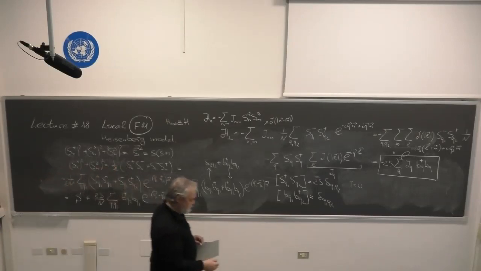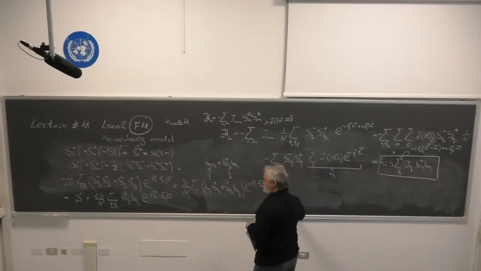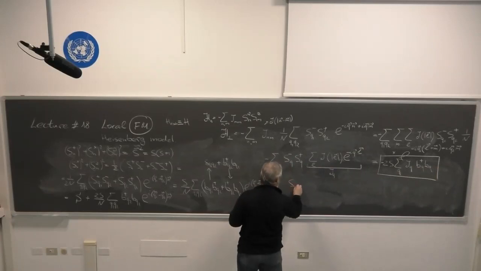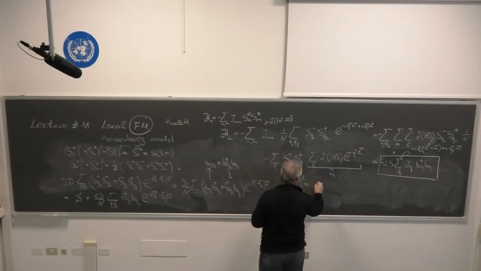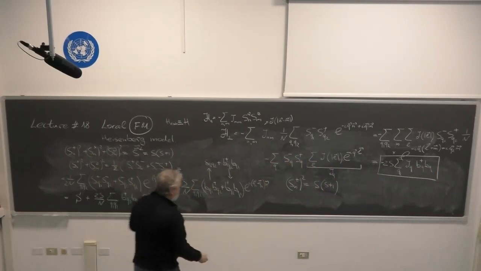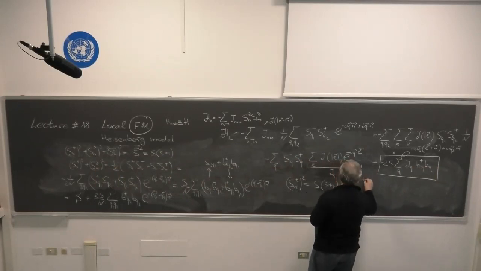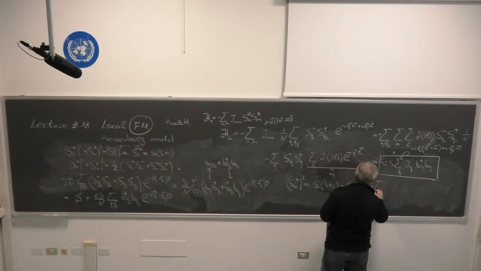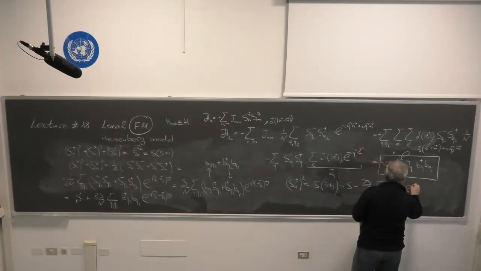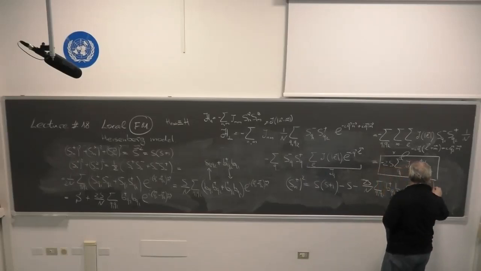Therefore, I can write down (S_n^z) squared is equal to S times (S+1) minus this part. So minus S minus 2S over N sum over q1, q2, b†_{q2} b_{q1}, e to the power i(q1 minus q2)n.